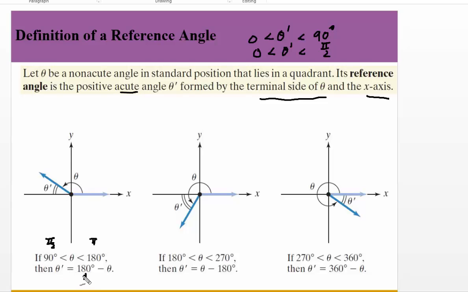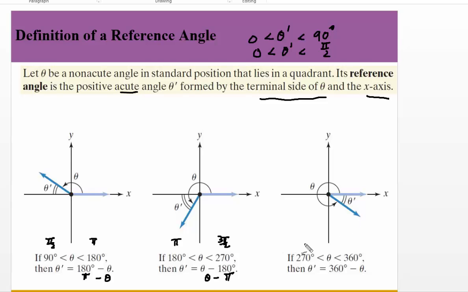So the reference angle would be pi radians minus whatever the angle was in radians. All right, in quadrant 3, if it's between 180 and 270 or between pi and 3 pi over 2, to get the reference angle, you're just going to take the angle and subtract 180 from it, and we're going to do some examples with this in a second, or theta minus pi radians there.